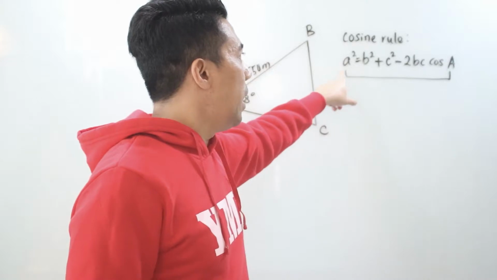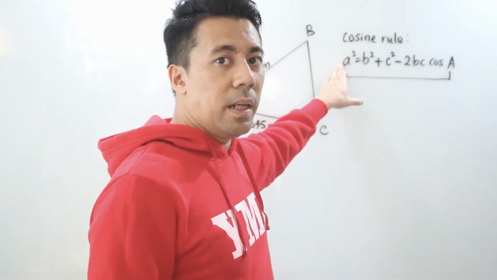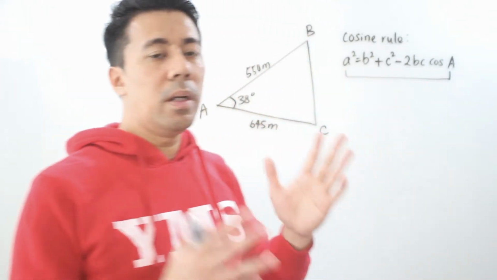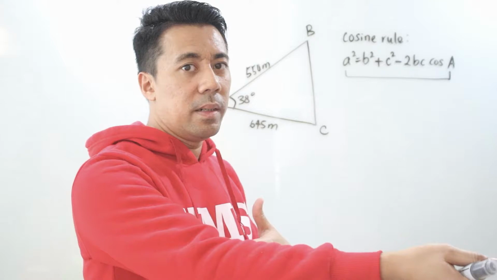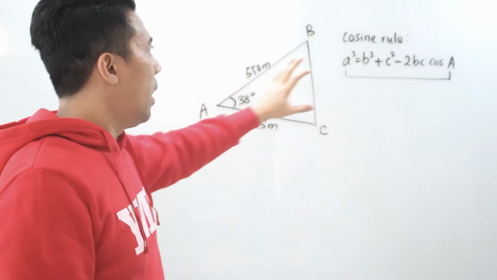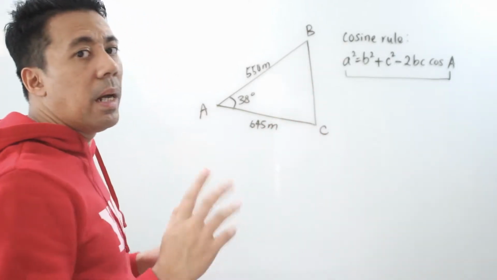I've written a line to connect one of the sides, a, and the opposite angle. So these two are what we call the angle and its opposite side. Therefore, referring to this diagram, to apply the cosine rule, a square will be the unknown side.